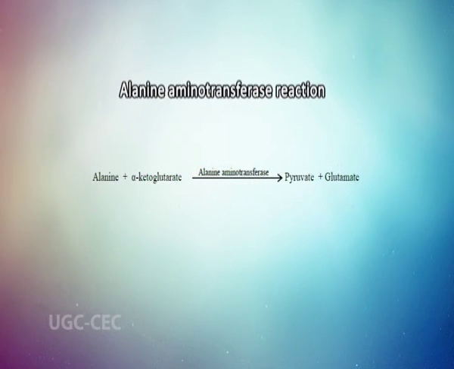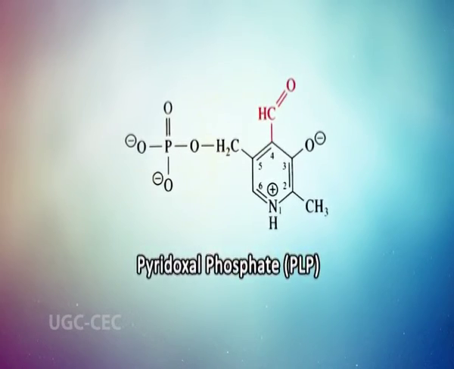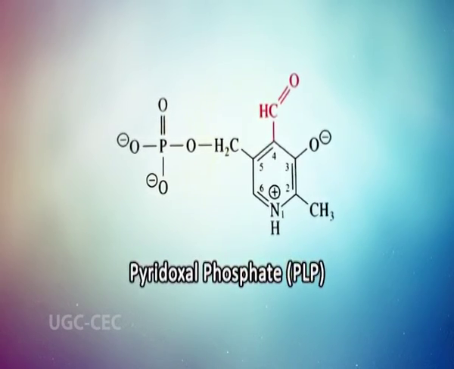This is the alanine aminotransferase enzyme catalyzed reaction. Here, amino group is transferred from alanine to alpha ketoglutarate, and then pyruvate and glutamate are formed. All aminotransferase enzymes contain the prosthetic group pyridoxal phosphate.